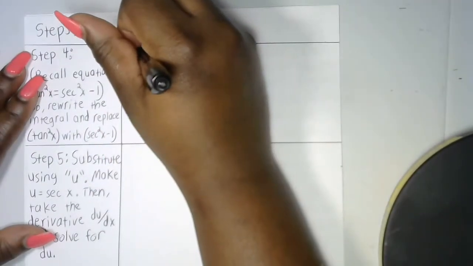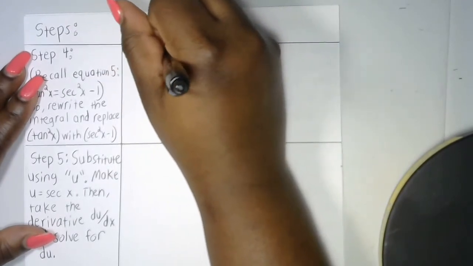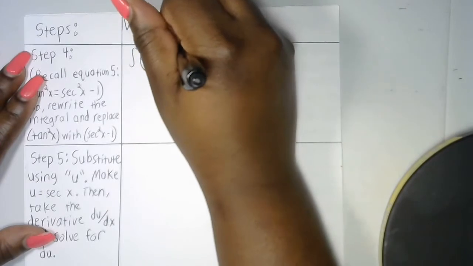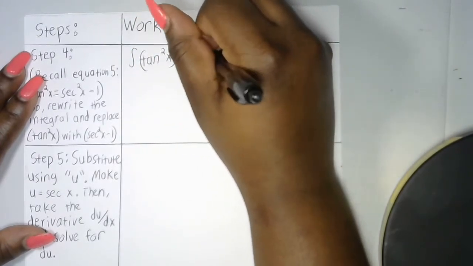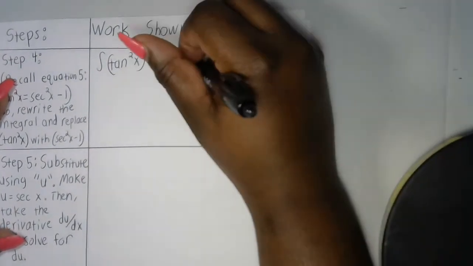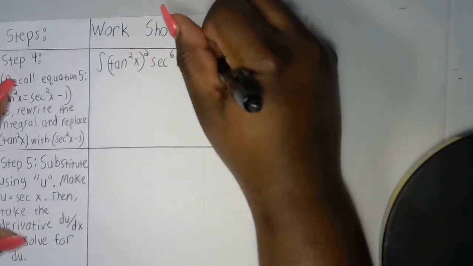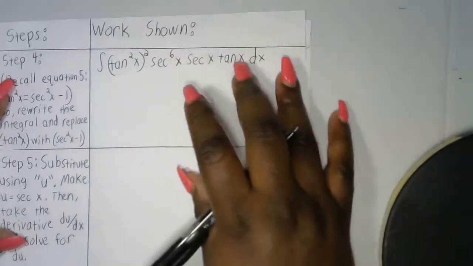So far after step 3, we had tan x squared, and this whole thing squared, times secant x to the 6th power times secant x times tan x dx. Right?